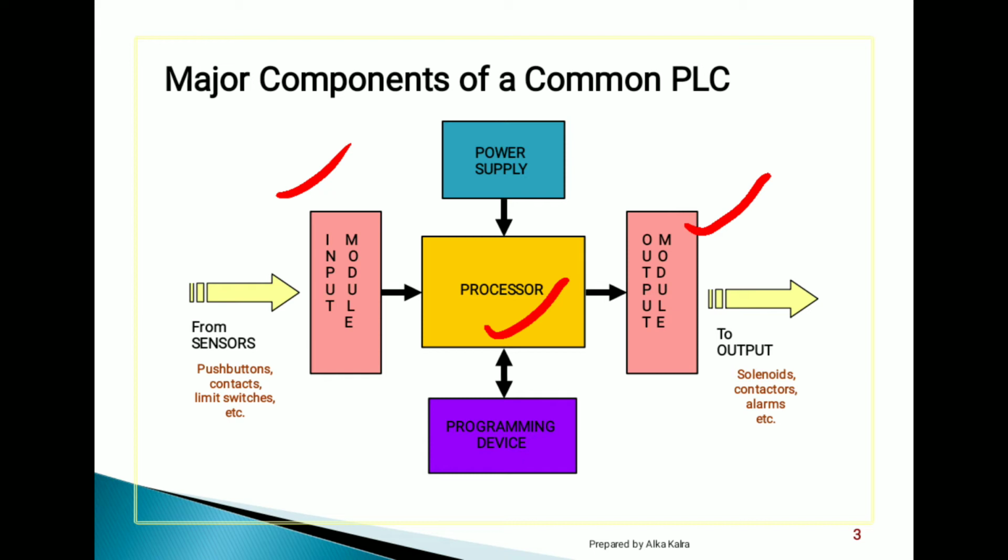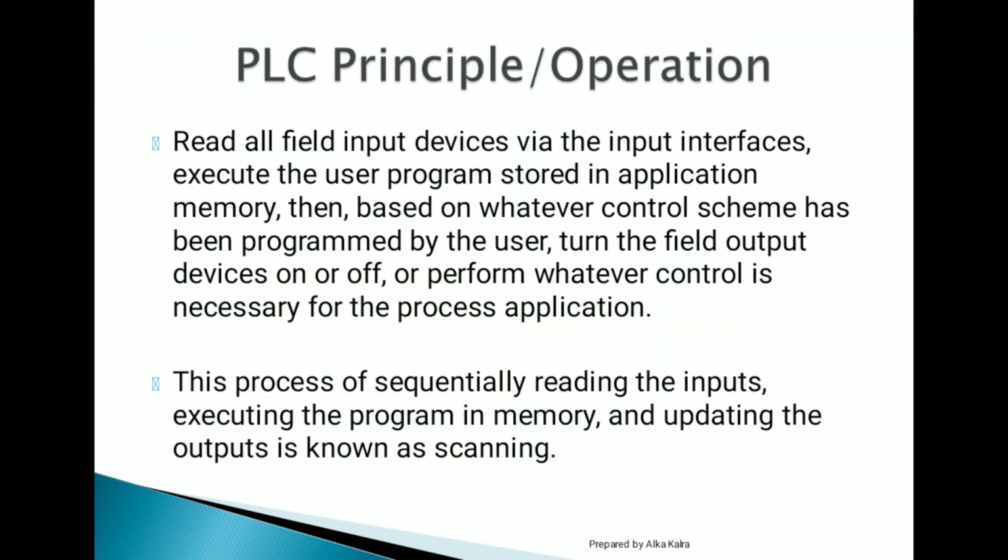To the processor, some programming devices are also connected, and the power supply section feeds the supply to all the modules connected in the PLC. So in this chapter basically we will start with the function of PLC operation, or what is its principle.